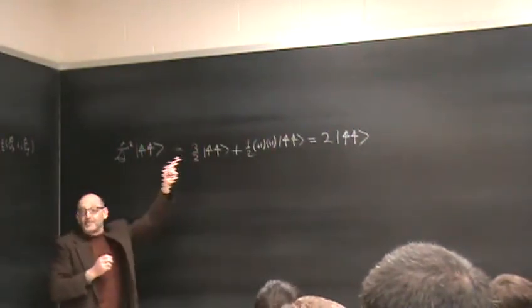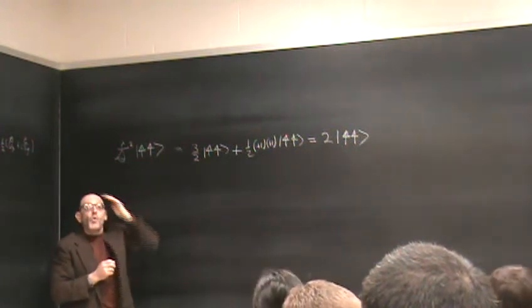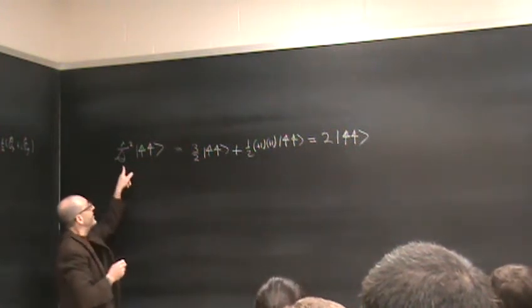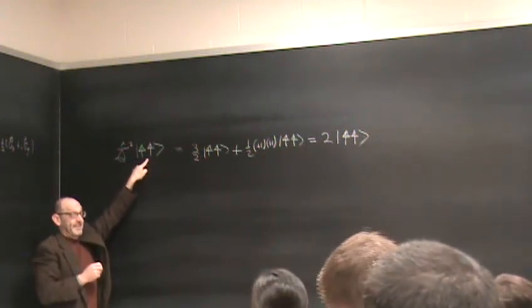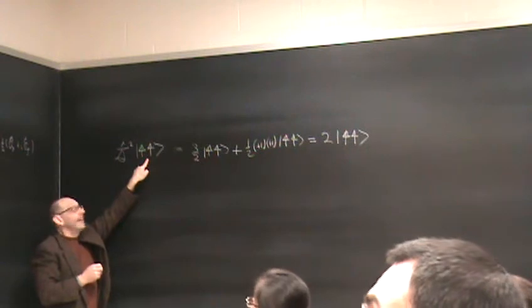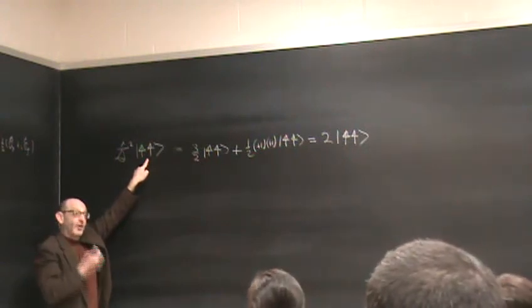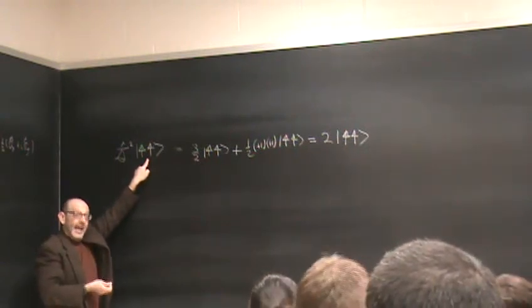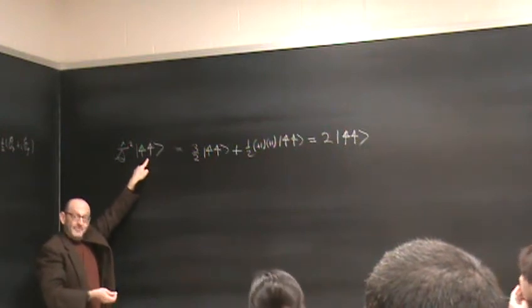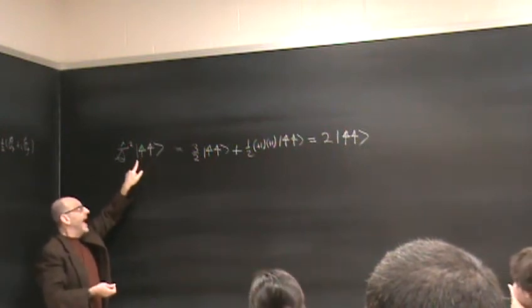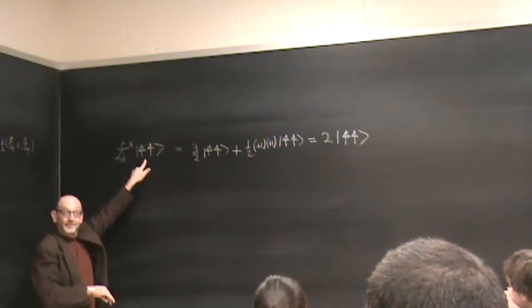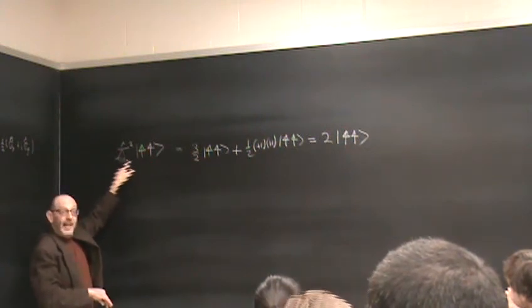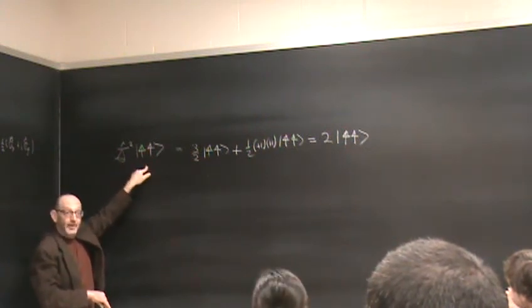Now, is that a surprise? No? Well, if this is a stretch state, a stretch state has a definite total angular momentum, and that total angular momentum is the sum of the two. If it's an eigenstate, it either has total spin 0 or total spin 1. This guy has total spin 1. And what's the eigenvalue of that? S times S plus 1, where S is 1.